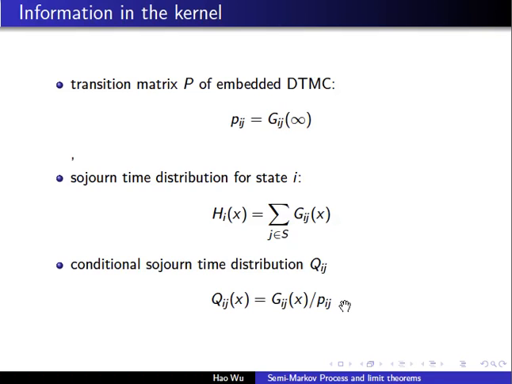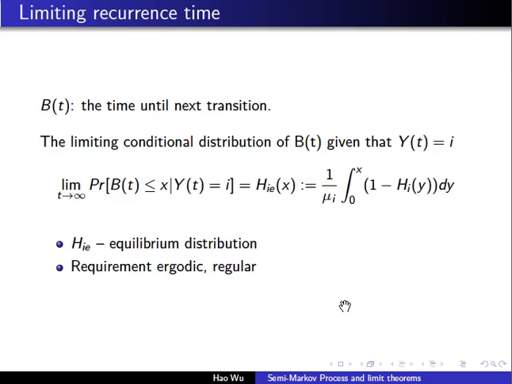Let's move on to the limiting theorems. One of the important limiting theorems is the limiting recurrence time. Here let Bt denote the time until the next transition at time t. So the limiting distribution of Bt, given that at time t the system is in I, is defined as here.